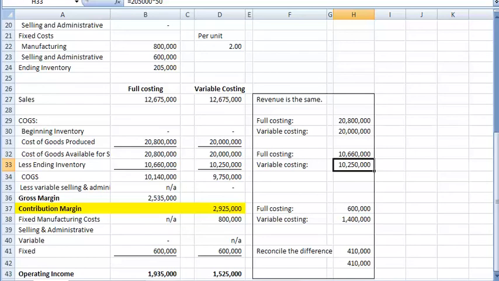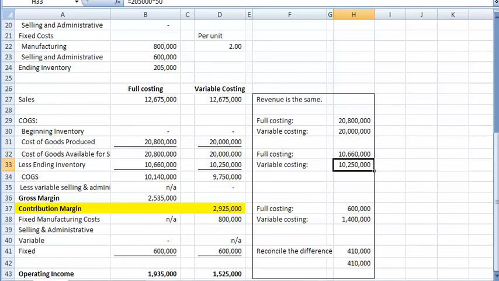And what happened here is that whenever you build up your inventory under full costing, some of the fixed cost sits on the balance sheet in inventory. Some of your fixed manufacturing cost sits on your balance sheet in ending inventory. Under variable costing, absolutely all of your fixed manufacturing costs are going to be expensed instead of sitting on your balance sheet.